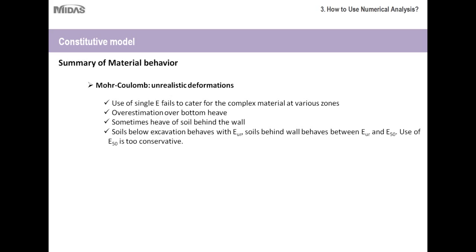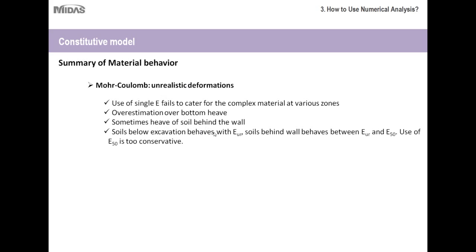For those of you who have used the Mohr Coulomb model for your excavation projects before, I'm sure you've noticed that when you're analyzing your deformations, the program will show you a large heave at the bottom or behind the wall. Typically it's good to just take those as negligible. It's really due to something called the stress relaxation coefficient, which I don't want to go into in detail now, but keep in mind that these unrealistic deformations are one of the shortcomings of the Mohr Coulomb model.